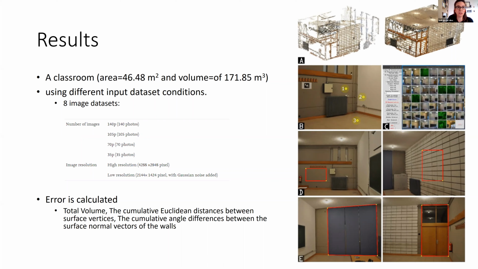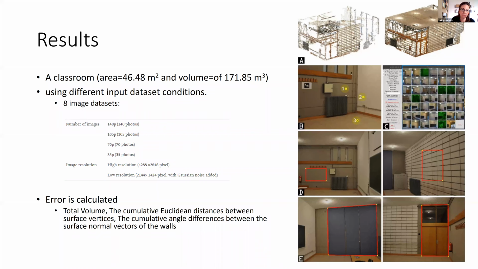When we look at the results, first, our pipeline was tested in a classroom in our faculty building. It's a rather small classroom, and we use different input data set conditions. So we have 8 image data sets with a range in number of images from 140 photos to 35 photos. And the image resolutions were different.